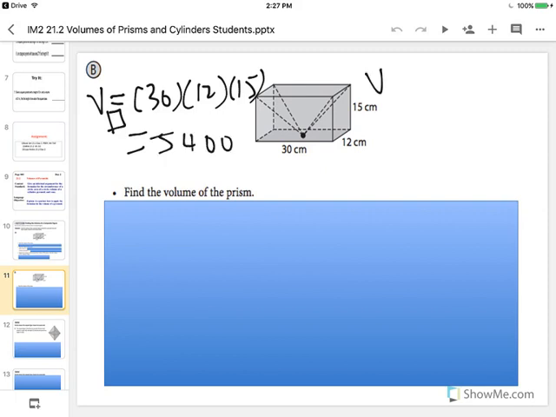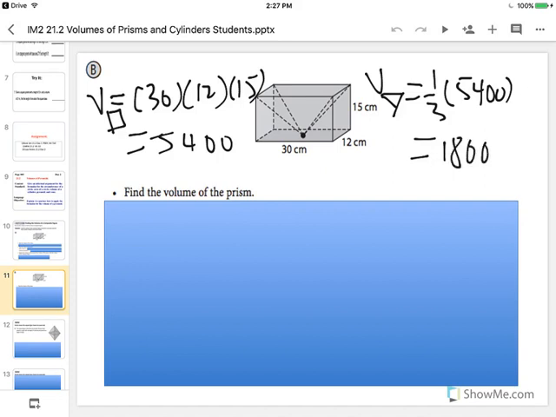The volume of the pyramid is 1/3 of the volume of the prism, so 1,800.